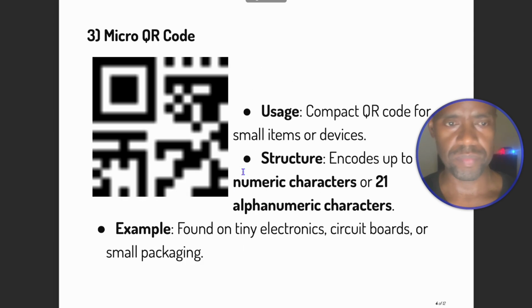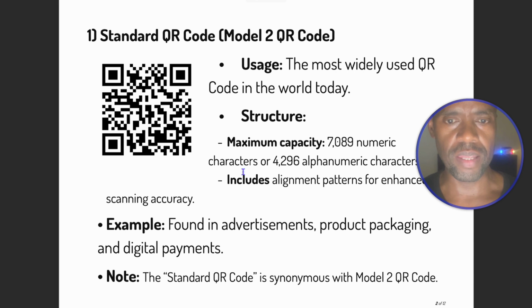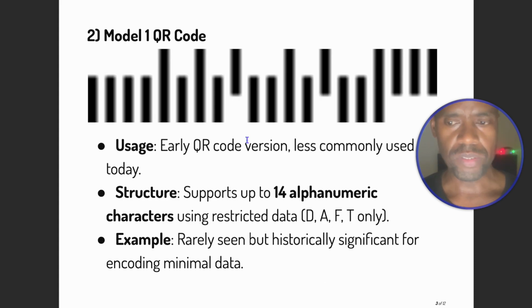We have roughly 10 variants. You can find more. This list is not exclusive, but we roughly have 10 categories. The standard one, which is also known as Model 2. Model 1, which is where things started and rarely seen today.